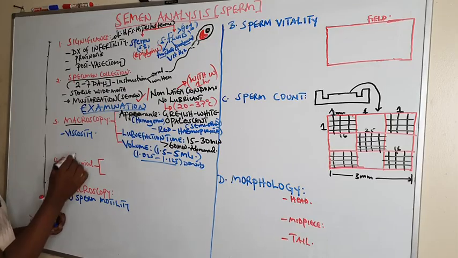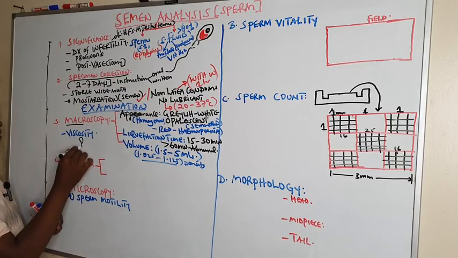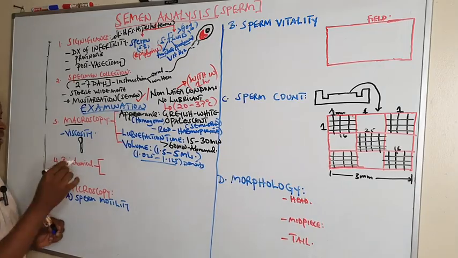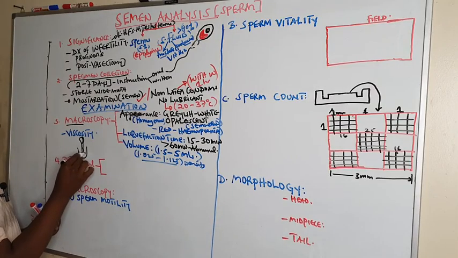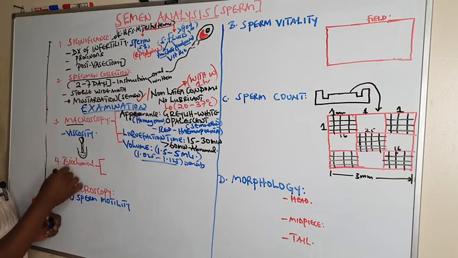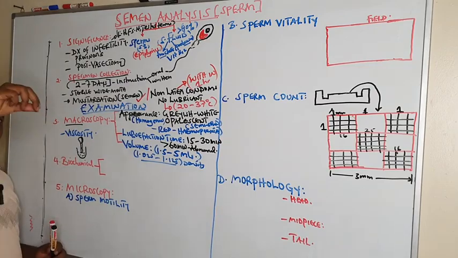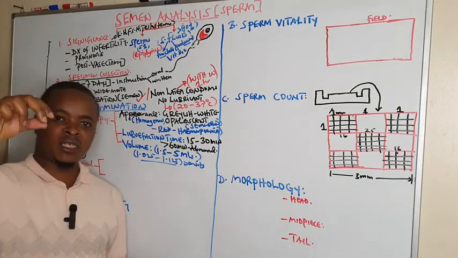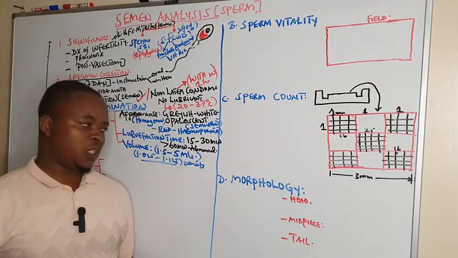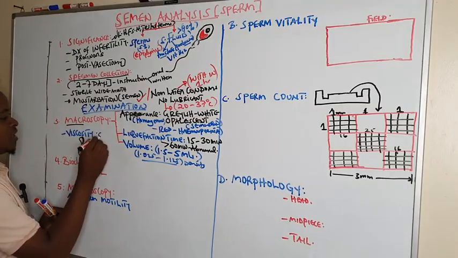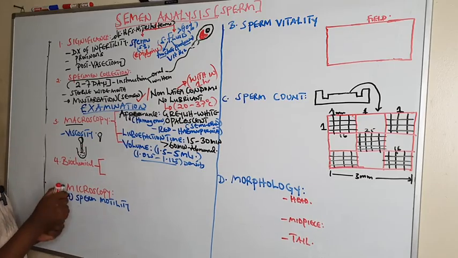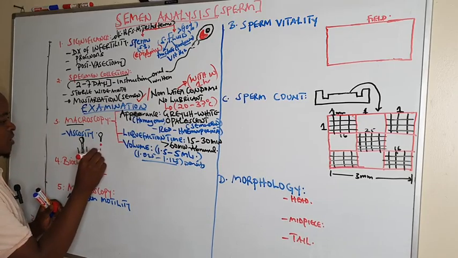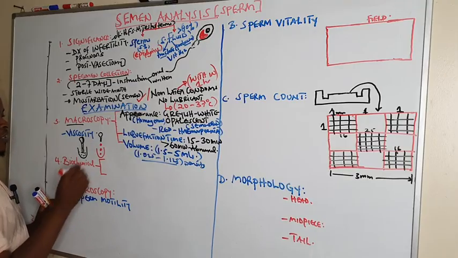We get a Pasteur pipette, and we dip this Pasteur pipette in a container containing semen. So when we pipette this semen and dispense it, it should be in discrete drops. The normal semen should fall in discrete drops into the container.